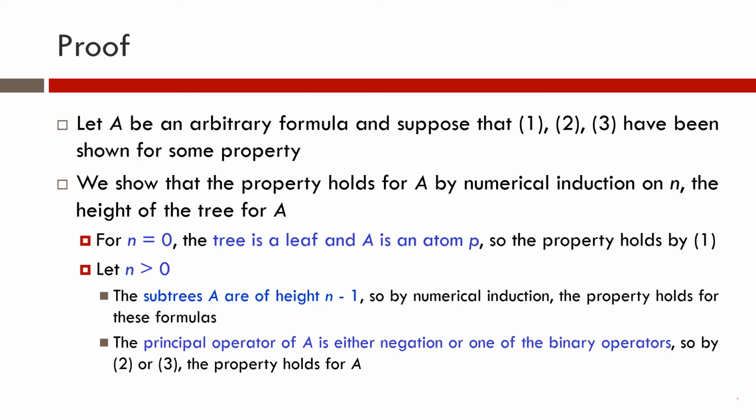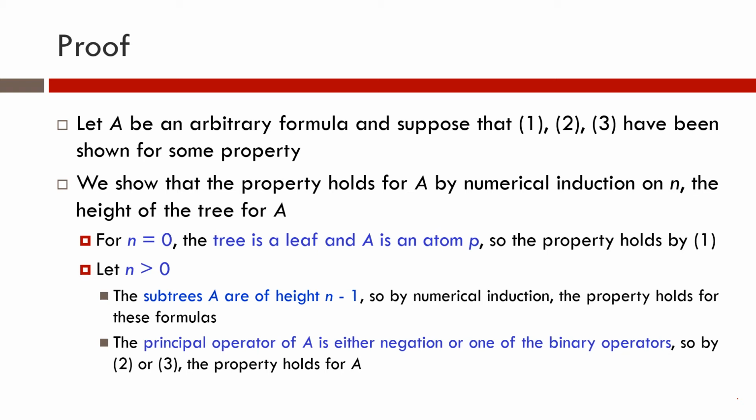In that case, the subtrees of A will be at height n minus 1. So by numerical induction, the property holds for these formulas. We assume that we have proved the property for all the subtrees, and we are trying to prove that the property holds for the formula that is obtained by applying the principal operator to the subtrees.